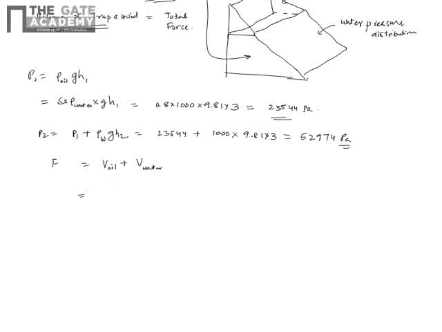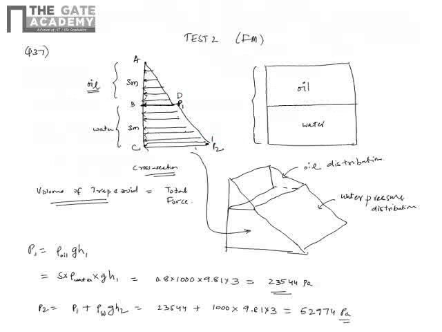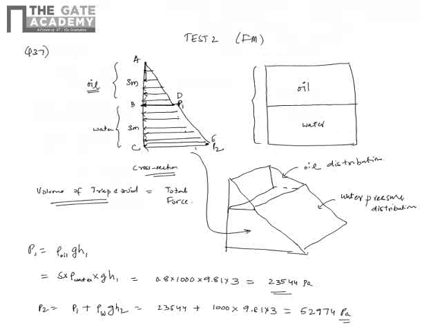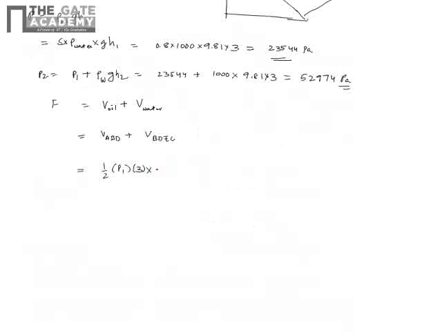Let me call this D, this is E. So volume ABD plus volume BDEC. ABD is basically half P1 into length 3, I mean this is a triangle, right? So half into 3 into BD, which is P1, that is the cross section. Now into perpendicular depth, which is again 6. So that is your ABD volume.